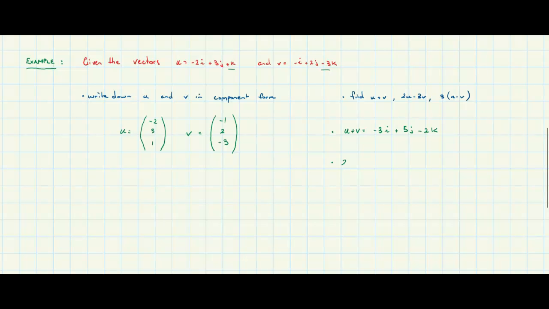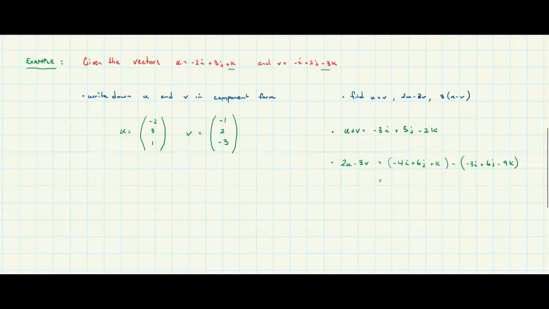Now for 2u minus 3v, we'll have -4i plus 6j plus k, and then we'll need to subtract 3 lots of v, which will be minus 3i plus 6j minus 9k.